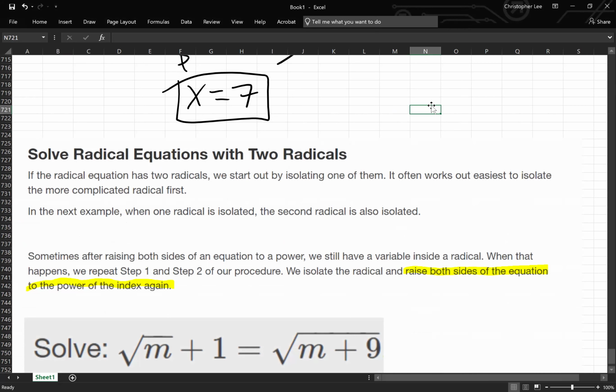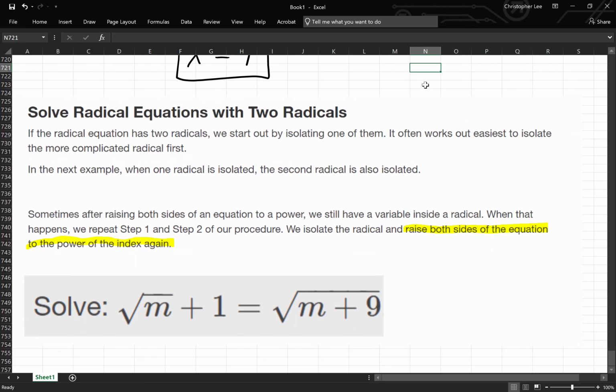So we want to solve radical equations with 2 radicals now, right? If the radical equation has 2 radicals, we start out by isolating one of them. It often works out easiest to isolate the more complicated radical first. In the next example, when one radical is isolated, the second should also be isolated.